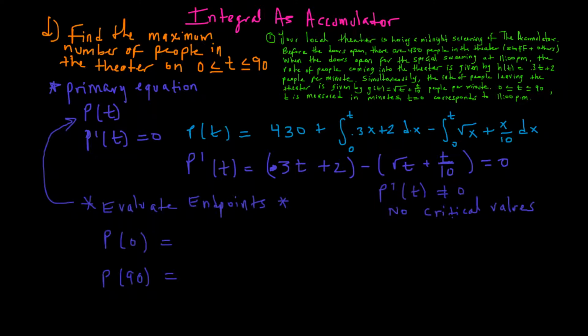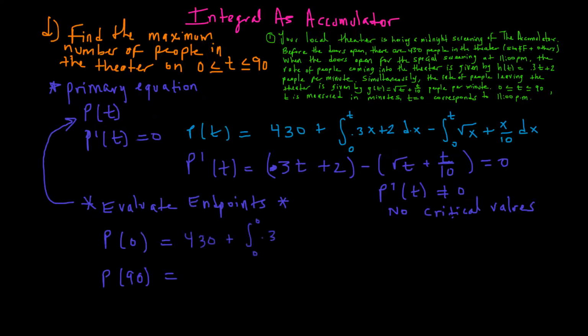So let's find P of 0. What do we do for P of 0? It's just a substitution now. There's P of t, that equation. So let t be 0. Now remember, only t becomes 0. So we have 430 plus the integral from 0 to 0 of 0.3x plus 2 dx. Now this x does not become 0.